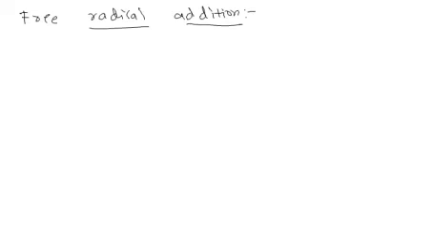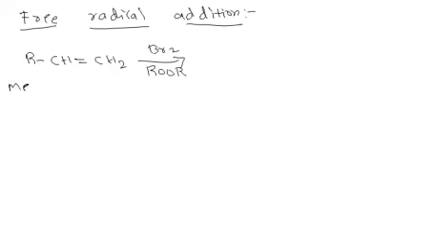And next, let's check free radical addition. Here in this case, same alkene we will take, HBr in the presence of peroxide. So let's check out the mechanism.